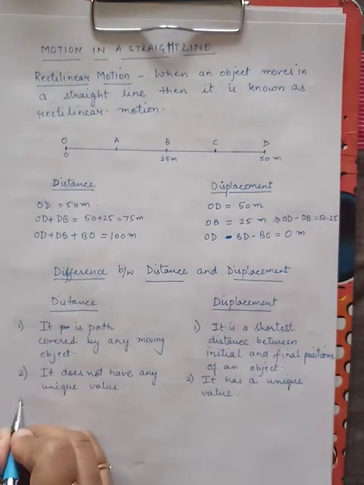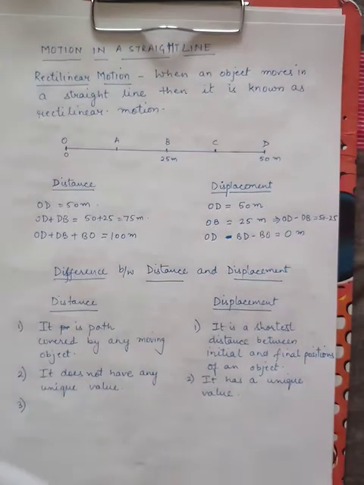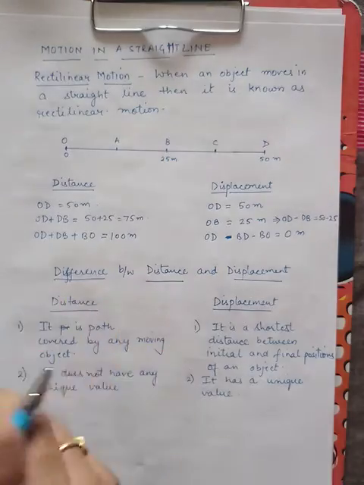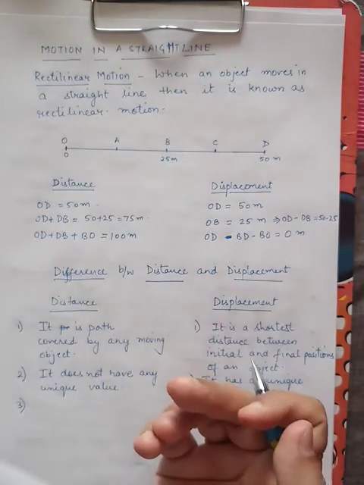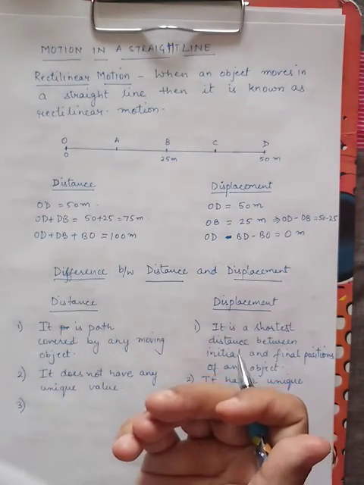Third point of difference: distance is a scalar quantity. Scalar and vector quantities we must know.